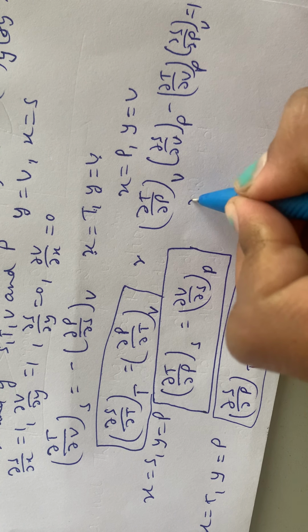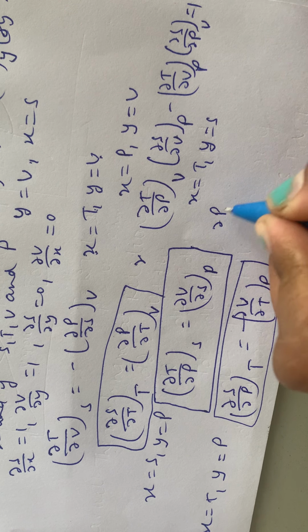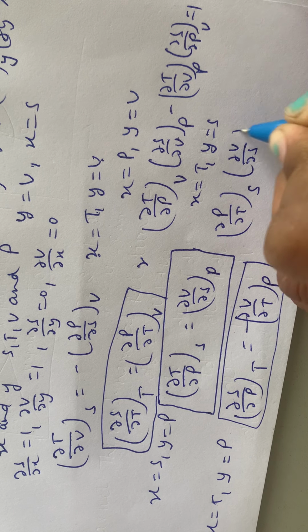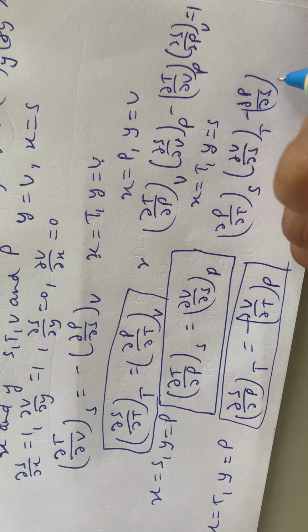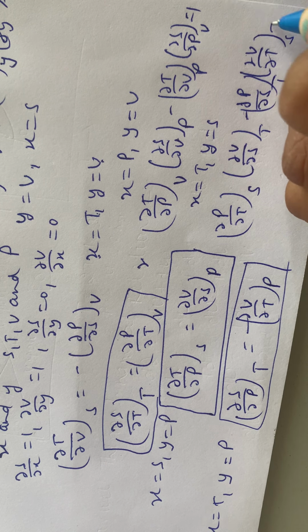And the last is X equals T and Y equals S: ∂P/∂T at S, ∂V/∂S minus ∂P/∂S at T, ∂V/∂T equals 1.